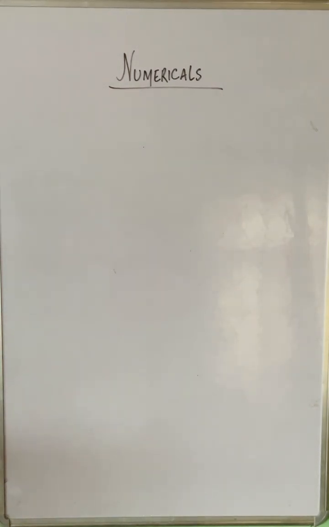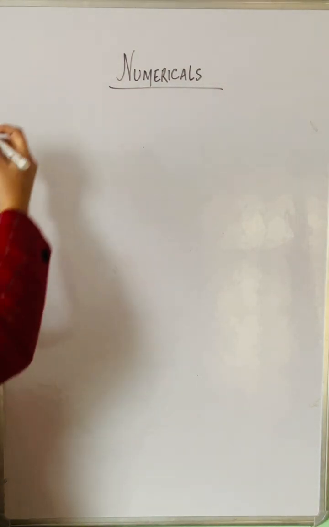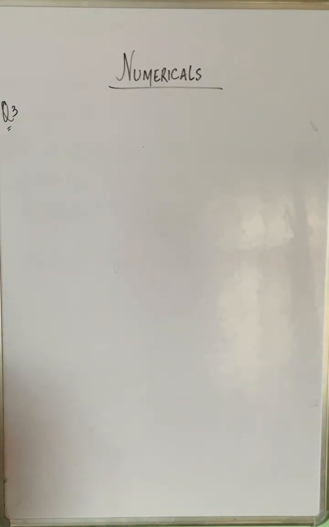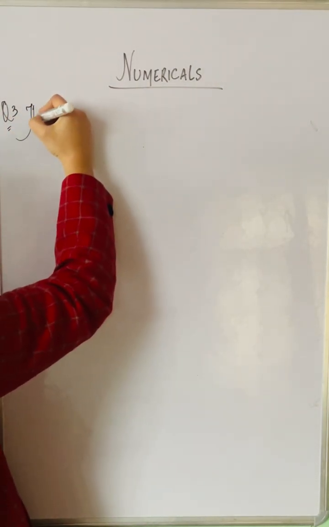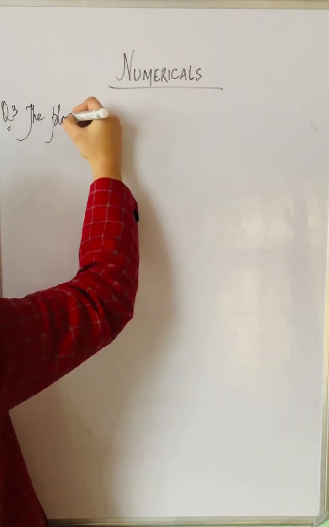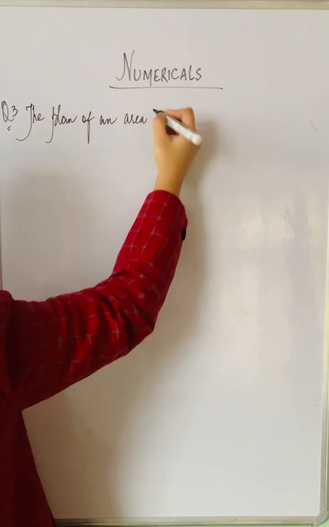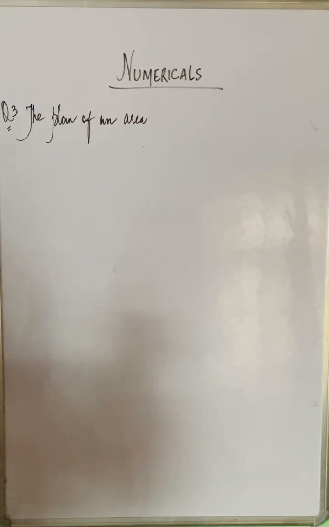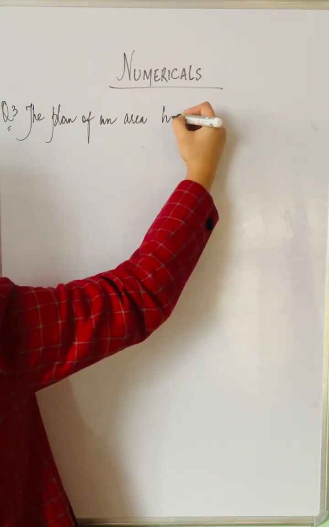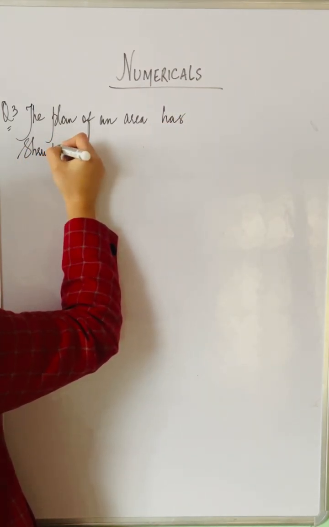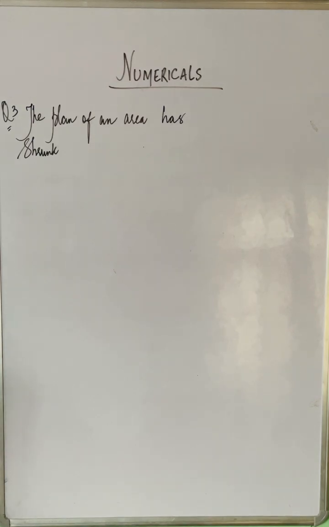Question number 3. Question is, the plan of an area has shrunk. Why do plans shrink? Due to variation in atmospheric temperature and humidity.